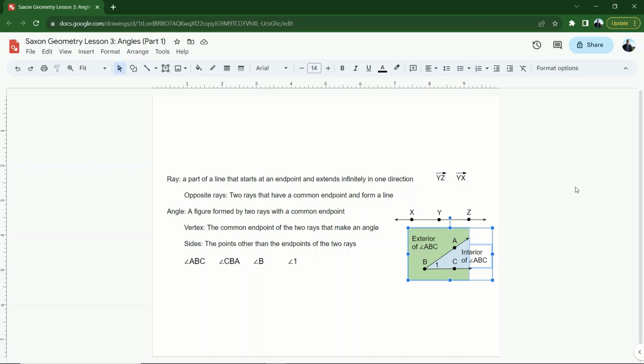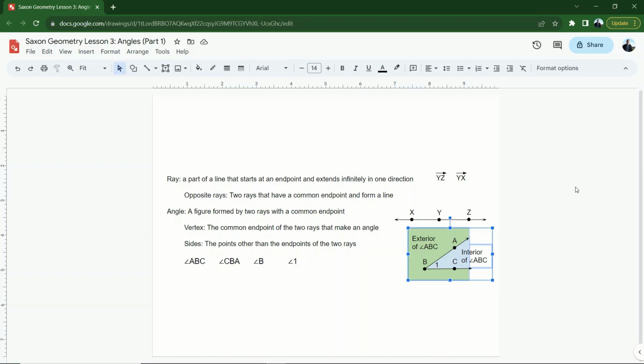And that's the set of all points that's inside the angle. The set of all points outside the angle would be called the exterior of the angle. And you see I've got that shaded in green. So we'd say the interior of the angle is any point inside the angle between the two rays. And then outside the angle, the exterior would be in green. There's any point that's not in between the two rays.